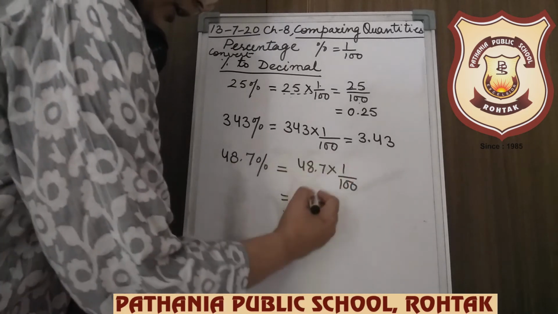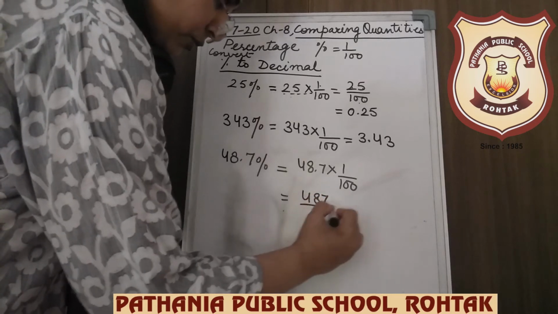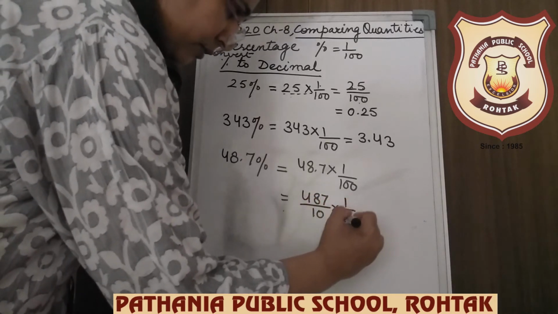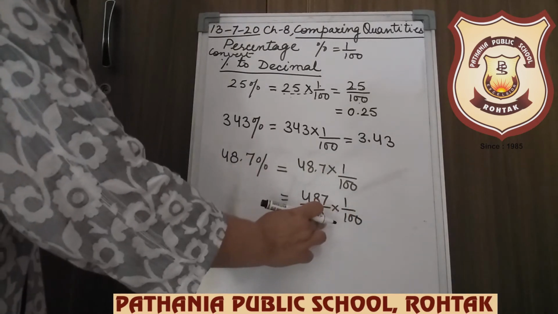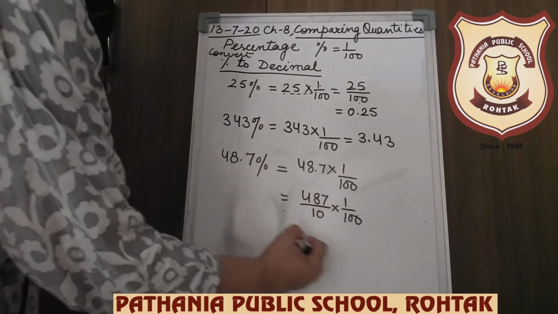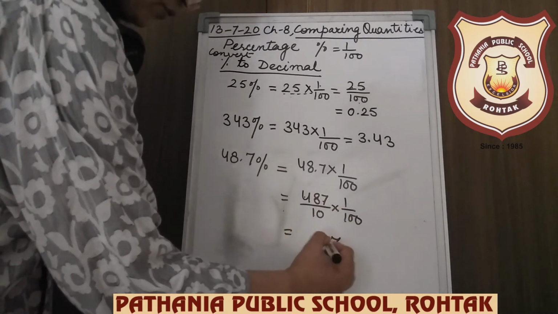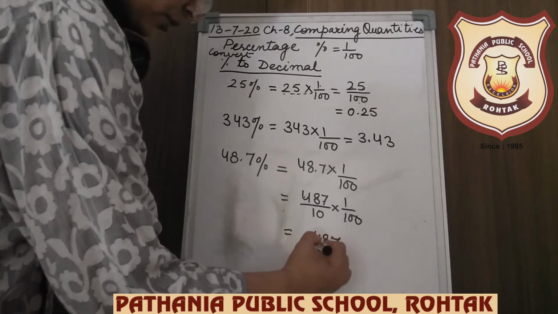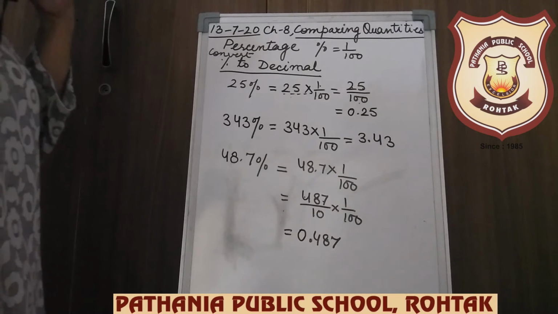Now, convert this also into fraction and this is 1 upon 100. Now, how many zeros are there in the denominator? 3. So, 1, 2, 3. You have 3 digits in the numerator. So, my decimal will come here. So, it is 0.487.